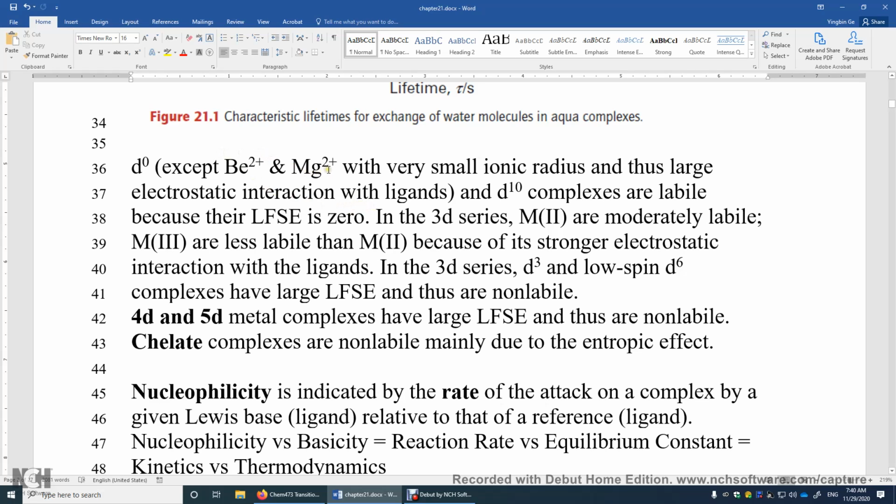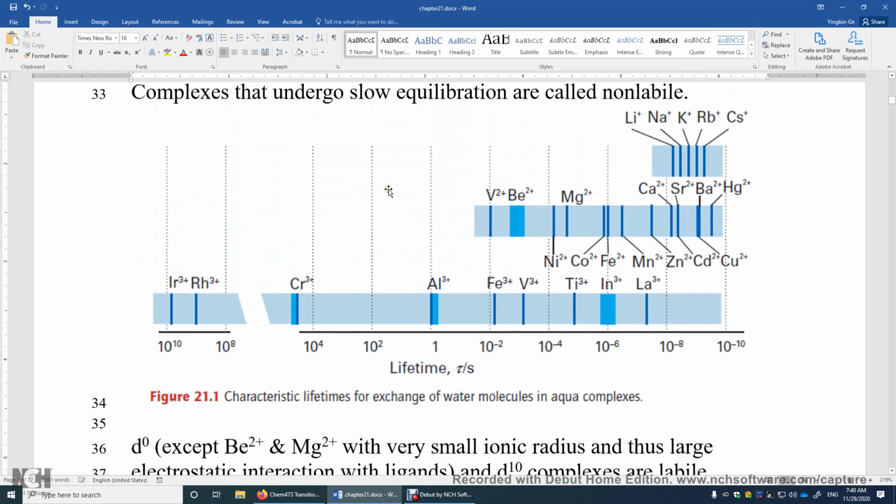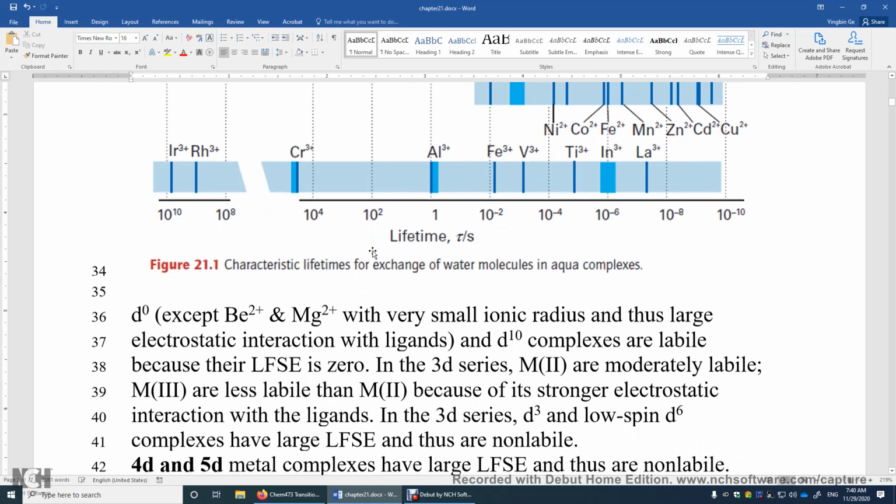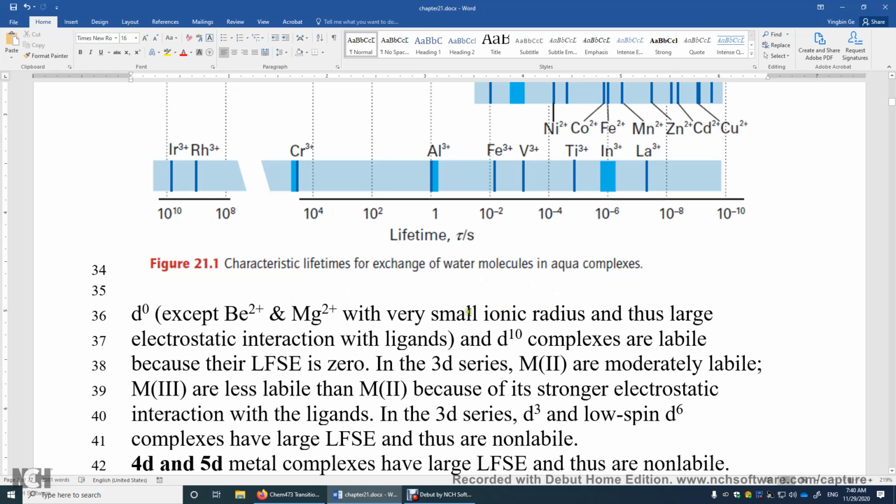They have small ionic radius, so I would say over here, a longer lifetime for exchange of water molecules than some other d0 and d10 elements. Again, this is because of small ionic radius.